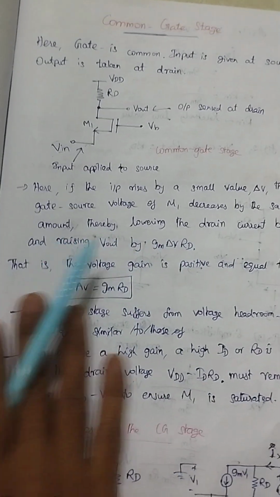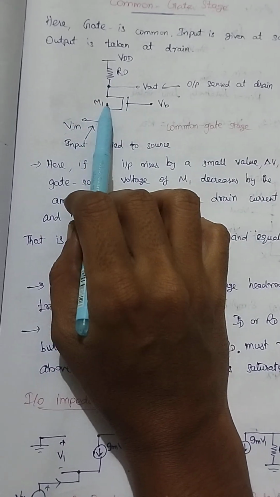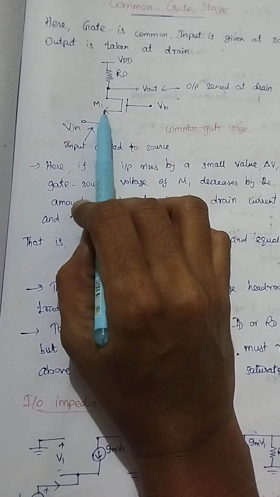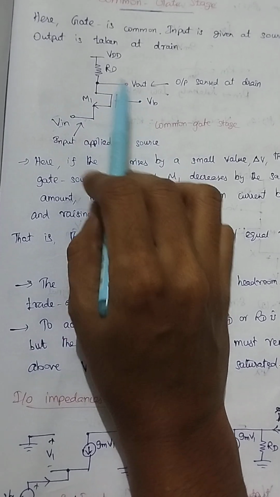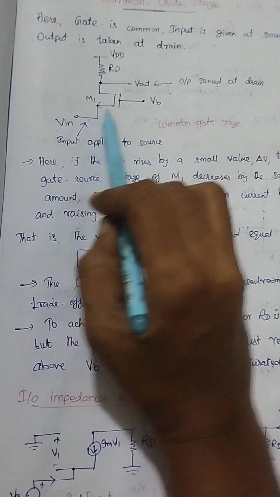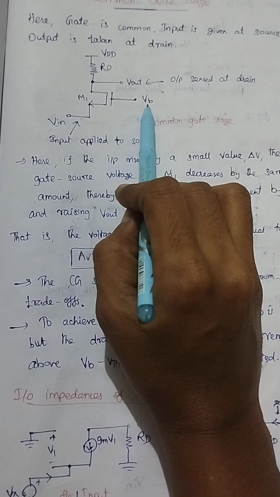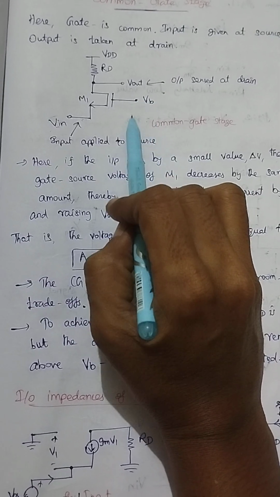First of all, we'll see what is the common gate stage. We already know this is my CMOS transistor. So here I am having, this is my gate, this is source, this is drain. So common gate means gate is common to both drain and source, both input and output. This will be connected to constant supply, otherwise ground. That is AC ground.